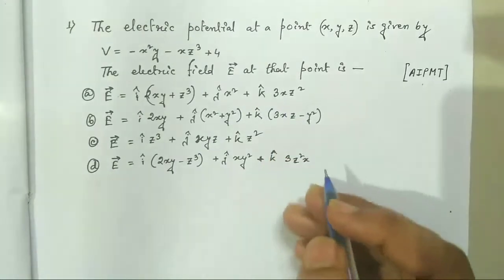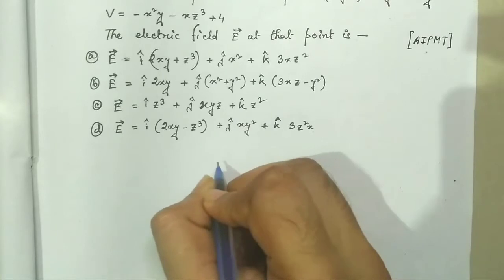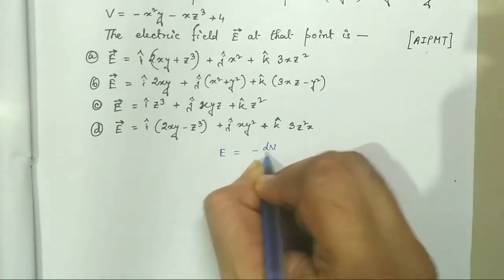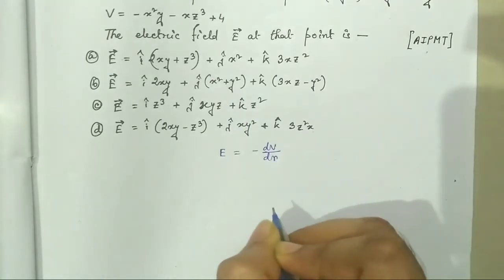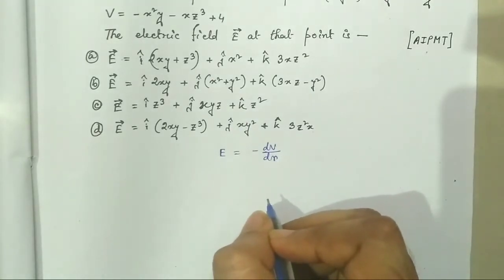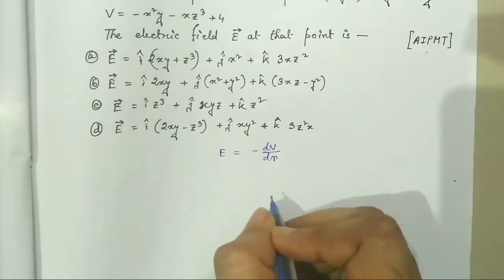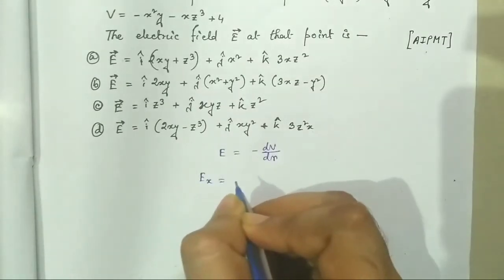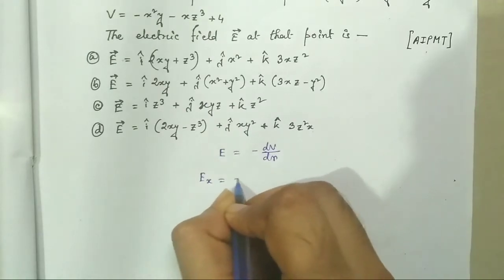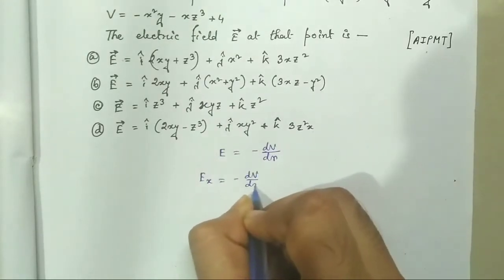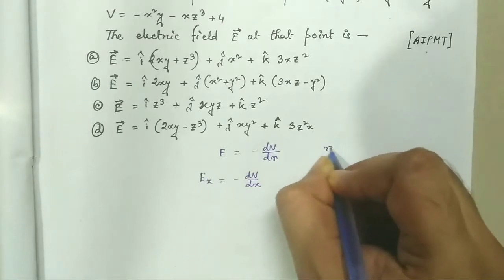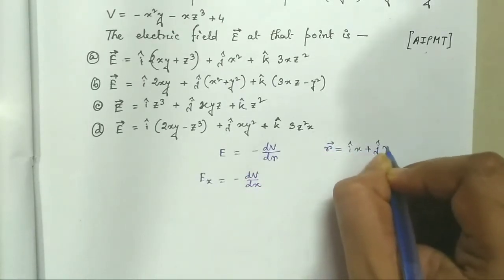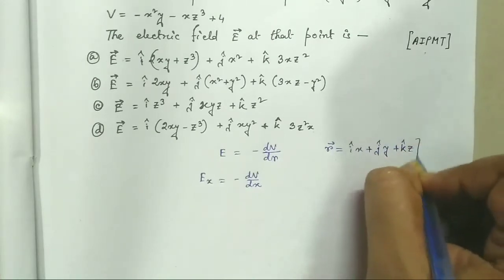We know the electric field intensity at a particular point is given by E equal to minus dV/dr. Now you have to find the 3 components of electric field intensity. First, find the x component of electric field intensity, Ex equal to minus dV/dx. Here r is equal to i x plus j y plus k z.